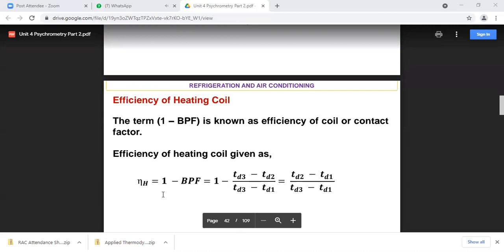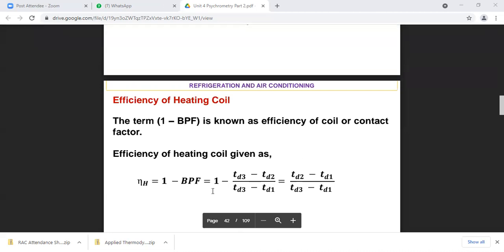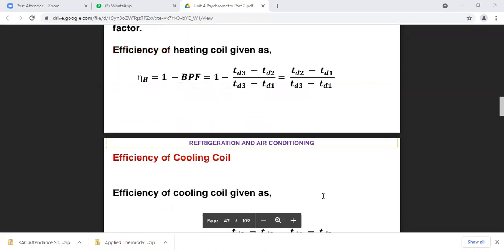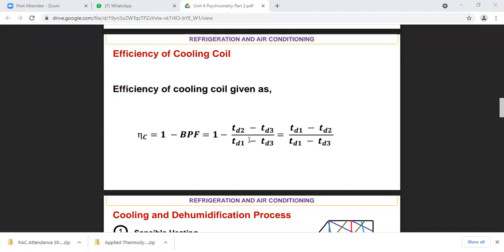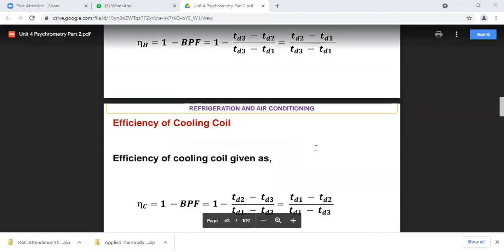So for the heating coil, 1 minus td3 minus td2 upon td3 minus td1, which is equal to td2 minus td1 upon td3 minus td1. And the efficiency of the cooling coil, 1 minus bypass factor, is td2 minus td3 upon td1 minus td3, which is equal to td1 minus td2 upon td1 minus td3. So this gives you the efficiency of the heating coil and the cooling coil.